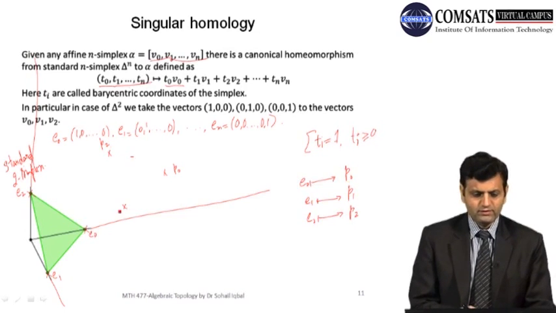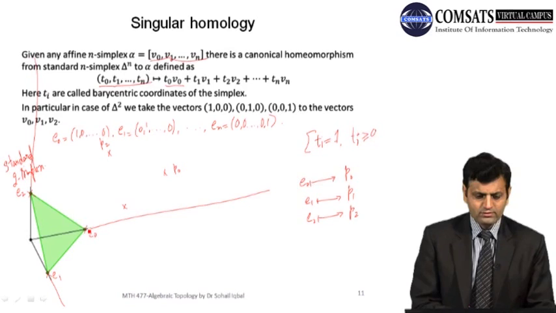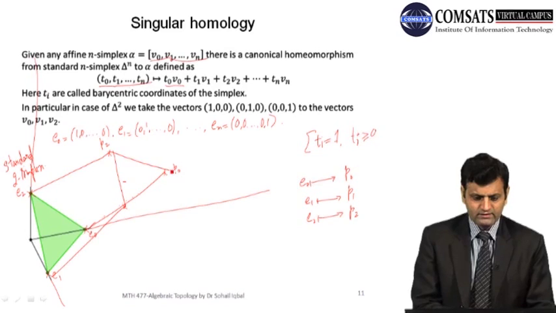So this point is going to this point, and this point is going to this point. Basically it becomes a triangle here. This is the 2 simplex.